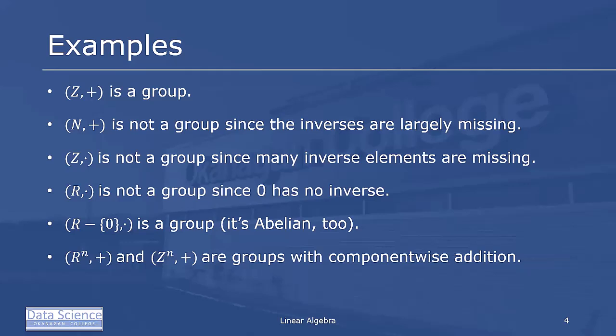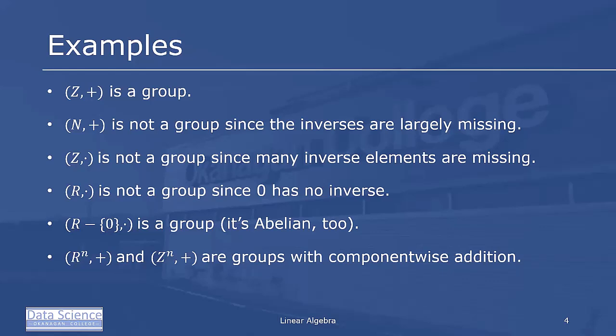The set of integers with the operation of multiplication is not a group, since again, we're missing many inverse elements. The identity element with this operation would be 1. And so, for example, 5 doesn't have an inverse because we can't multiply anything by 5 to get 1, at least nothing that's in the set of integers.